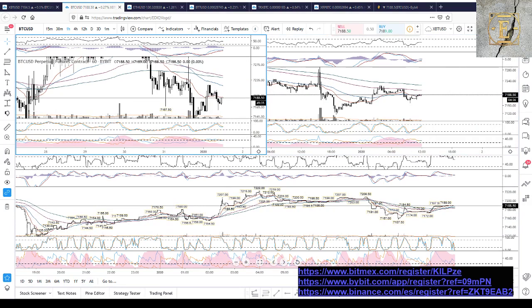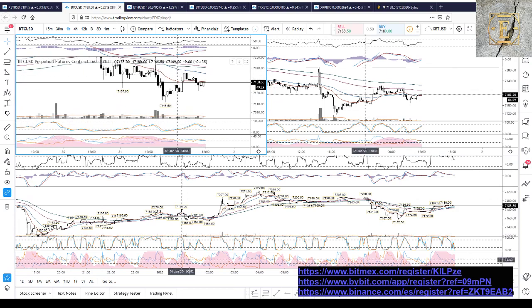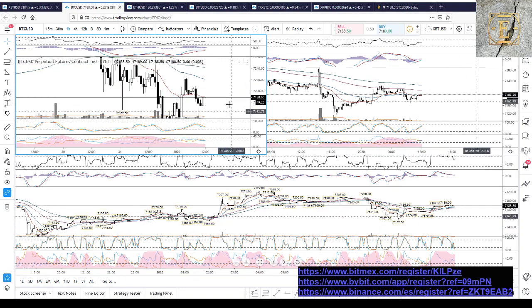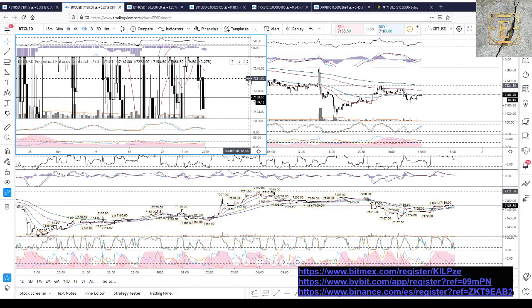Okay, let's do some quick scalp. This is 1 hour, and this is where we got 12 hours from this bearish.